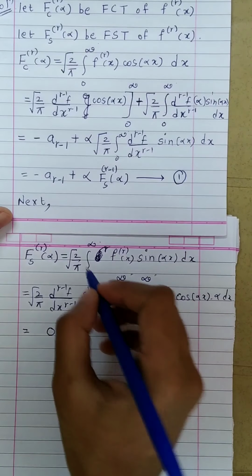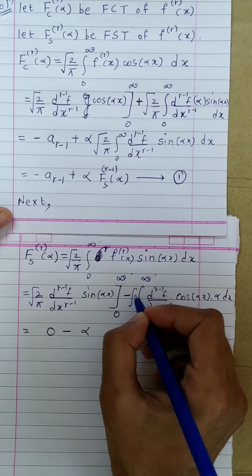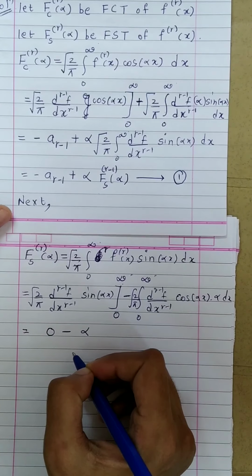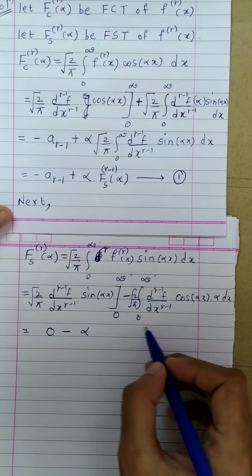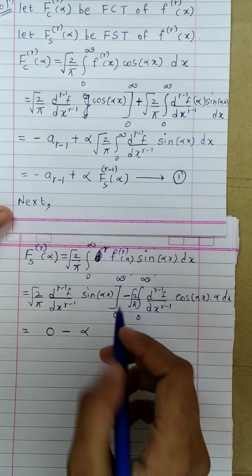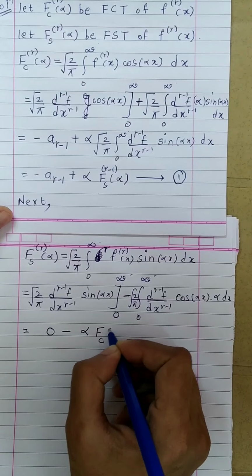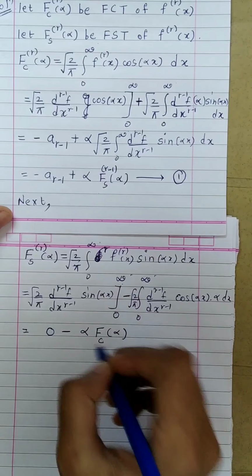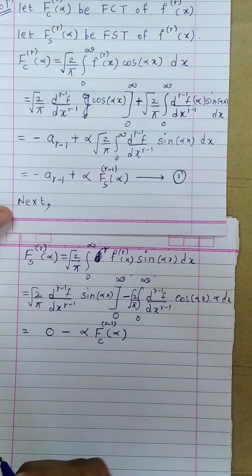into, I think I forgot this root of 2 by pi. So if you see, this root of 2 by pi into this, if I remove this alpha, is again the Fourier cosine transform of alpha for r minus 1.